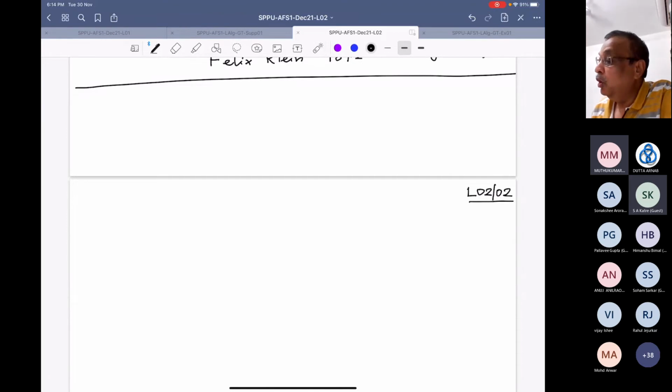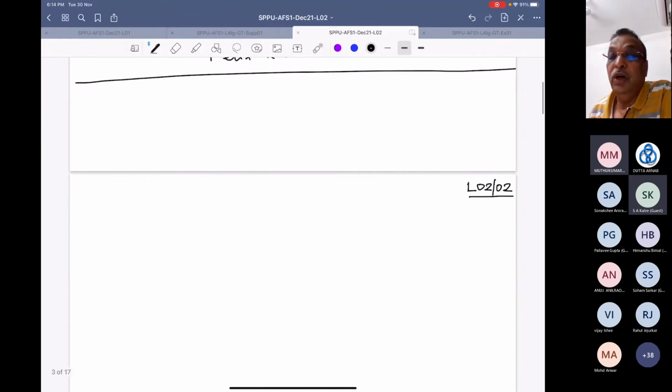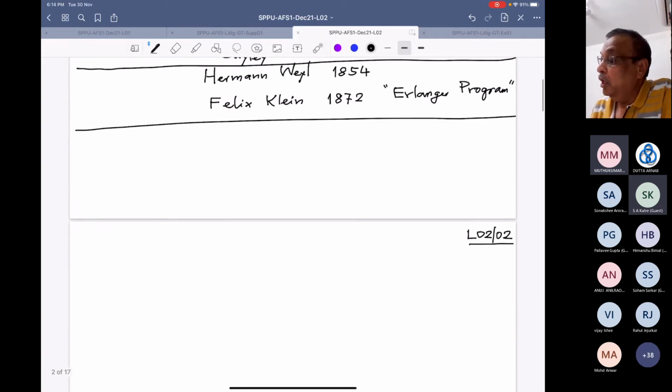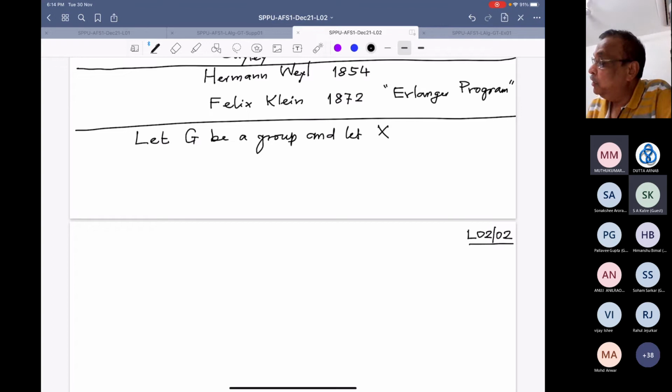All right, before I go on, or maybe I should now recall what we did last time. So remember what we did last time was I kept saying let G be a group, and let X be a G-set.